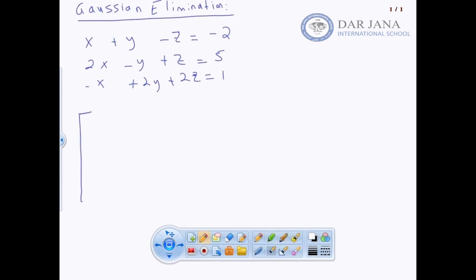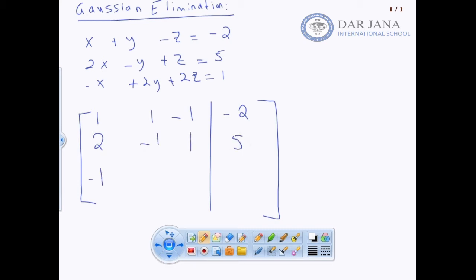It will become 1, 1, -1, -2, 2, -1, 1, and 5, -1, 2, 2, and 1.